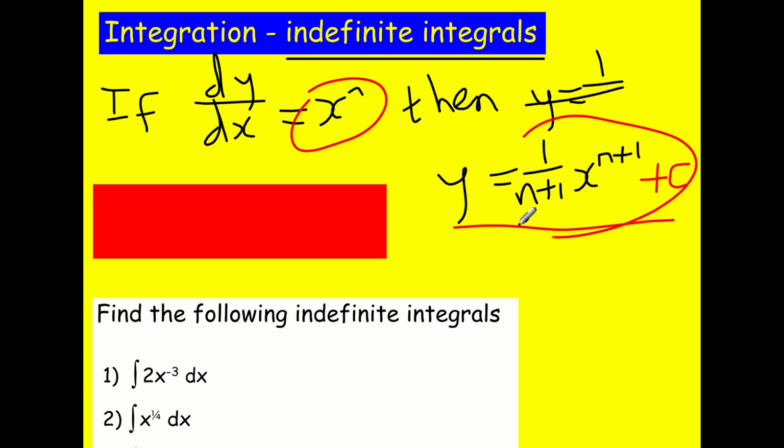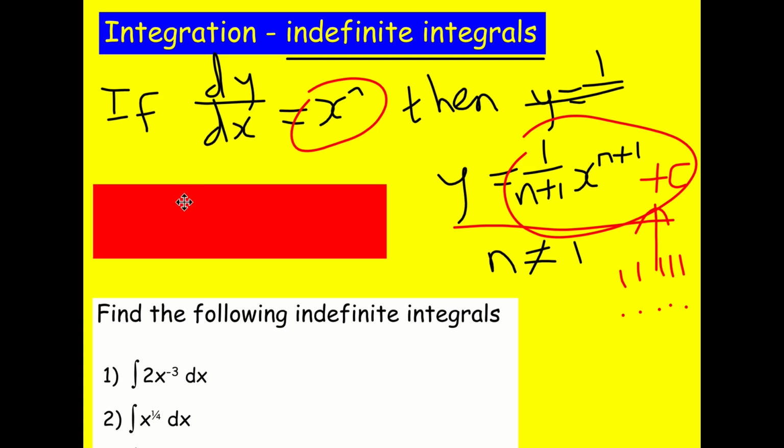If I differentiate the whole thing, I'm also going to get x to the n. So this is something we need to be aware of in integration. When you are integrating an indefinite integral, you will always add a constant, which we write as plus c. The only other thing to add is that, as I said before, this does not work for 1 over x, so technically we need to say that n is not equal to minus 1.